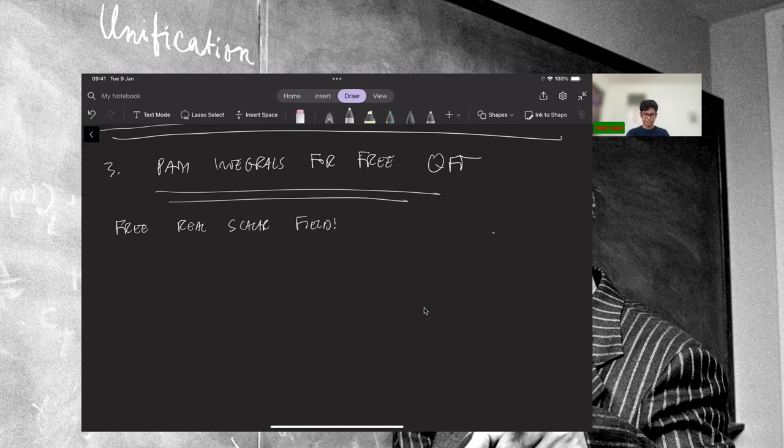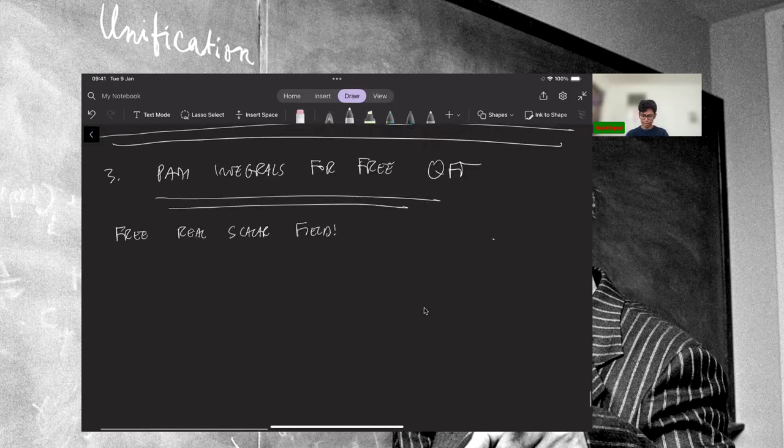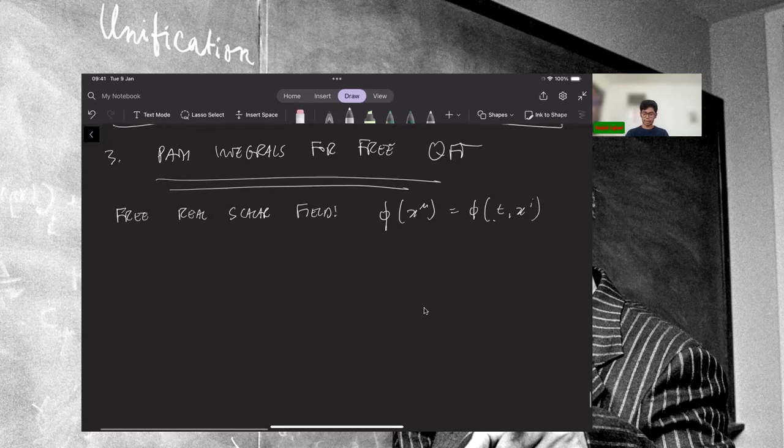The degree of freedom is phi of x mu, which is phi of t and x i.